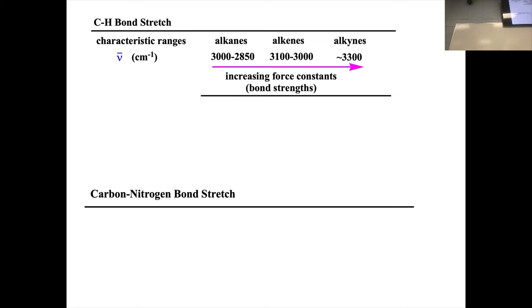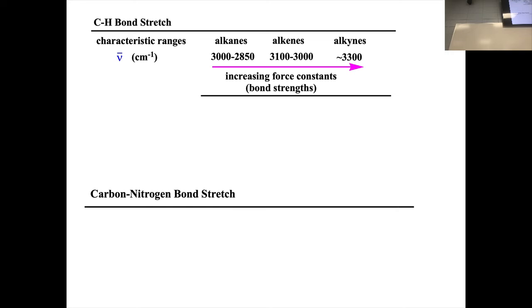You'll see those hydrogens a little differently. Notice that an alkane, you'll see those hydrogens between 3,000 and 2,850. You'll see alkenes about 3,100 to 3,000, and you'll see alkynes at about 3,300. So it goes alkane, alkene, alkyne when we're looking in the hydrogen region. Okay? You'll see separate peaks for these types of hydrogens.